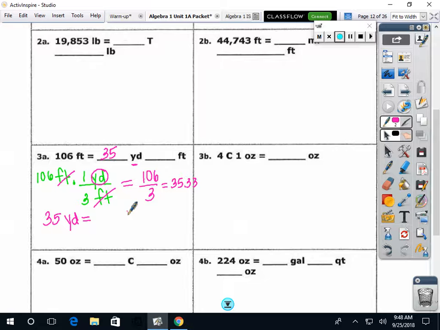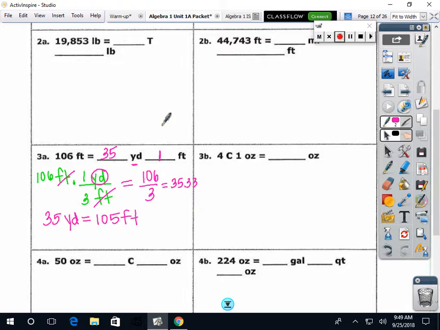If every single yard has 3 feet in it, how could you figure out how many feet are in 35 yards? Right, and what does that tell you? Right, 105 feet is the same thing as 35 yards, right? So wouldn't 106 feet be 35 whole yards with 1 foot left over?